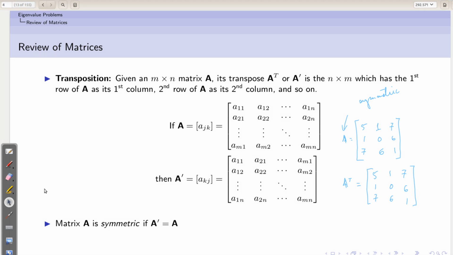Suppose I have something like this, 5 minus 1, then 7, then minus 6.